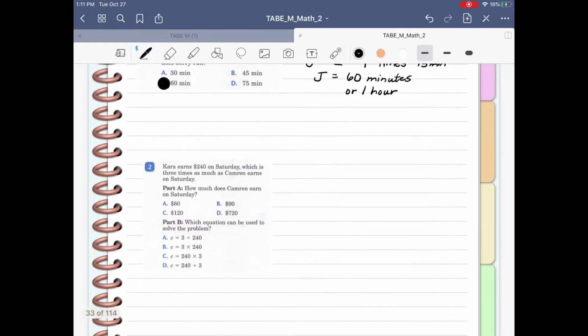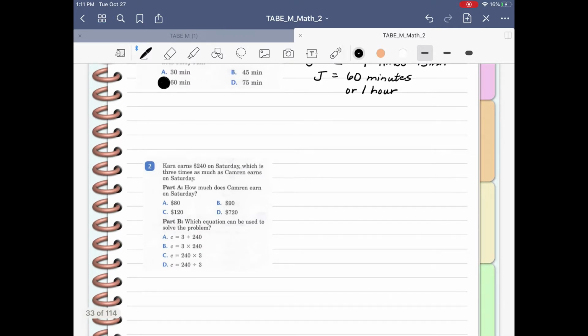Kara earns $240 on Saturday, which is 3 times as much as Cameron earns on Saturday. How much does Cameron earn on Saturday? So they tell me that Kara is 3 times Cameron.